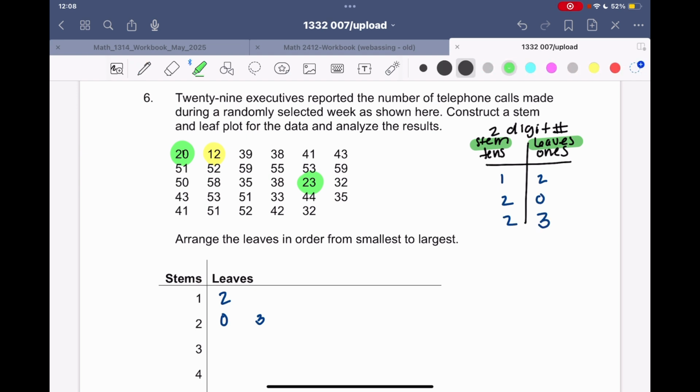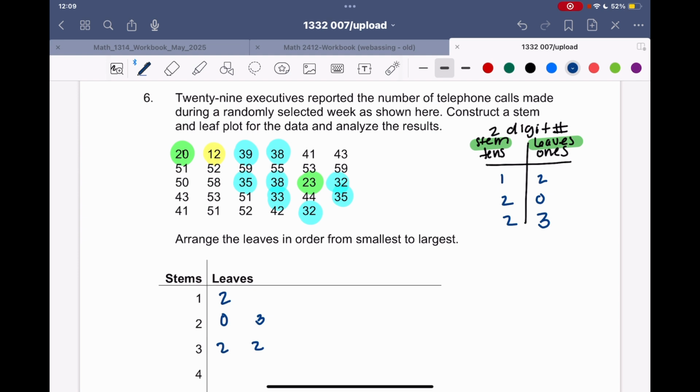Next is going to be the 30s, so 30 to 39. I'm just going through them to highlight them. Okay, so I think we can go in order here. How many 32s do I have? I have 2 32s, so you have to account for each of them.